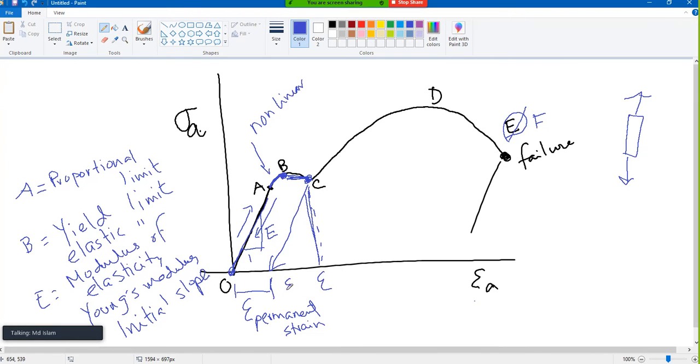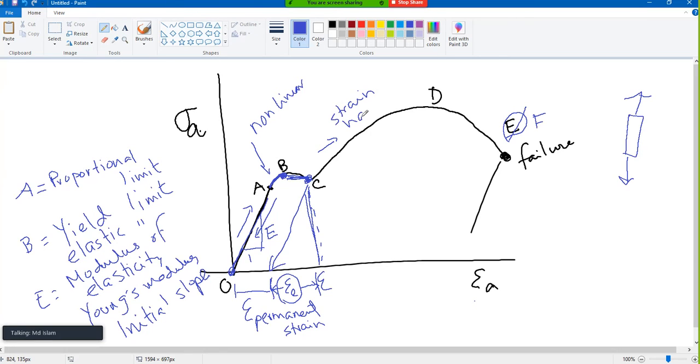This portion is called elastic because it came back. So this portion is the recovered elastic strain. This portion is called permanent strain, damage, permanent deformation.